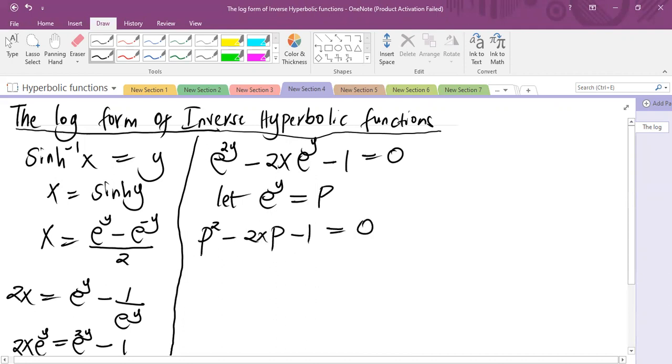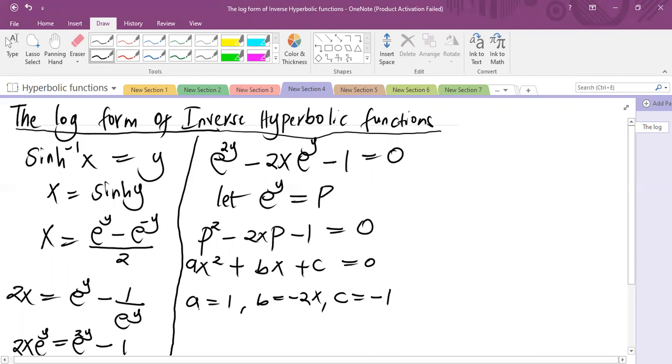This is in the form of a general quadratic equation, ax squared plus bx plus c equals 0, where a is equal to 1, b, the coefficient of p in our case, is equal to minus 2x, and c is equal to minus 1.